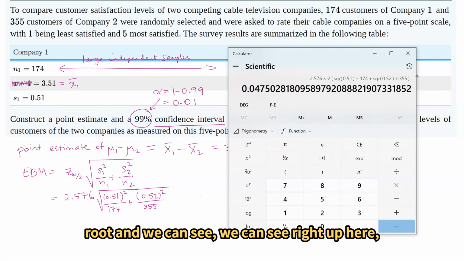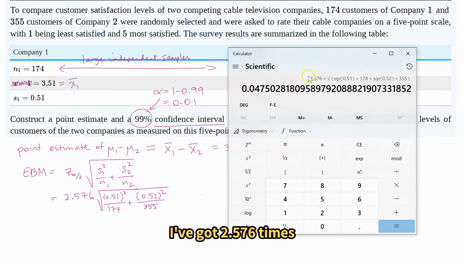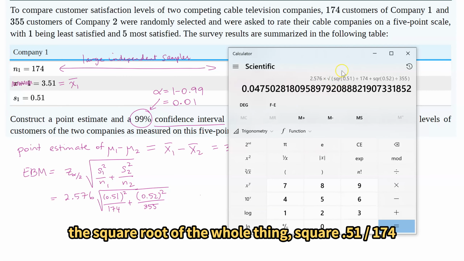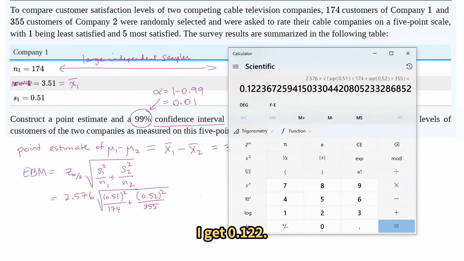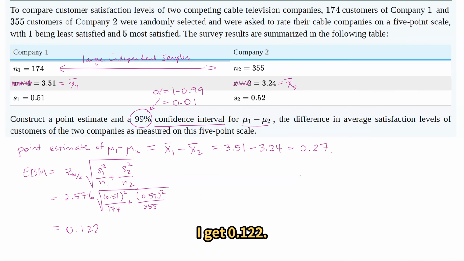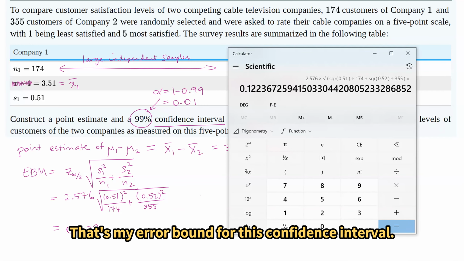We can see right up here I've got 2.576 times the square root of the whole thing, square 0.51 divided by 174 plus square 0.52 divided by 355. And if I hit enter, I get 0.122. That's my error bound for this confidence interval.